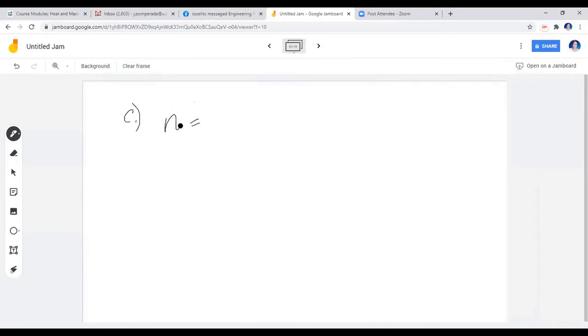Let me check our PowerPoint. Okay, we have n prime equal to n naught, then the exponential factor. So n prime equal to n naught times exp of negative D over G_D T_R.